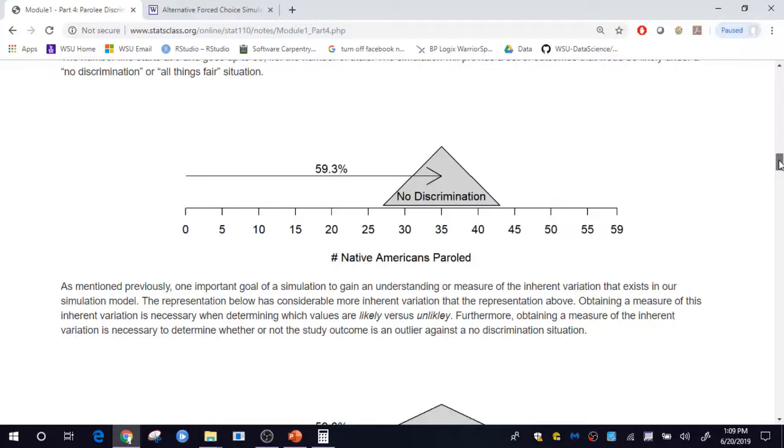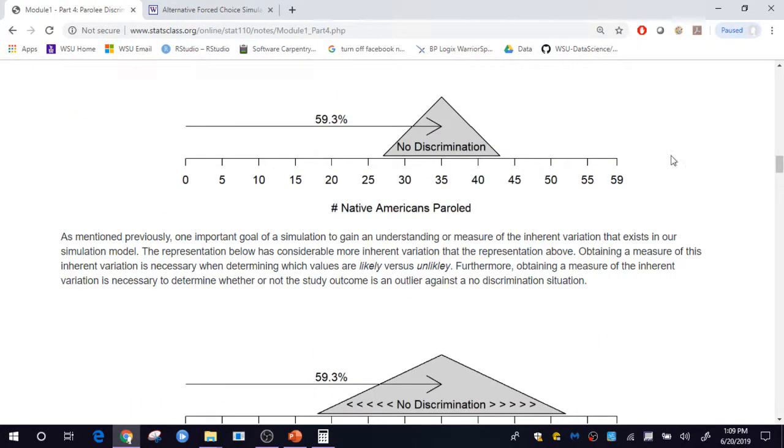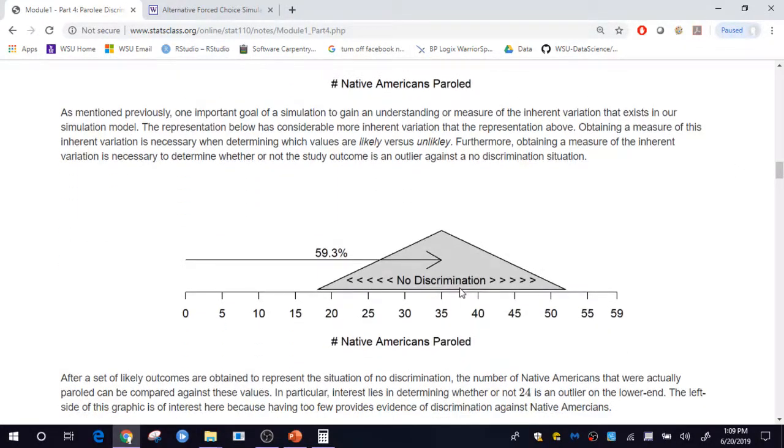Without running the simulation, I don't know how much inherent variation exists. So I might end up with a distribution that's much wider than that. This particular distribution goes all the way down to 20 and all the way up past 50. Part of the goal of the simulation study is to figure out whether I'm in this situation here, or whether I have more inherent variation like I've shown here.